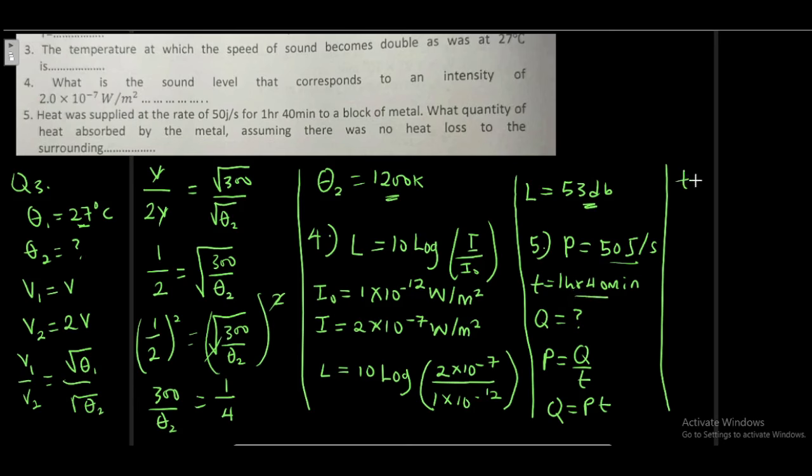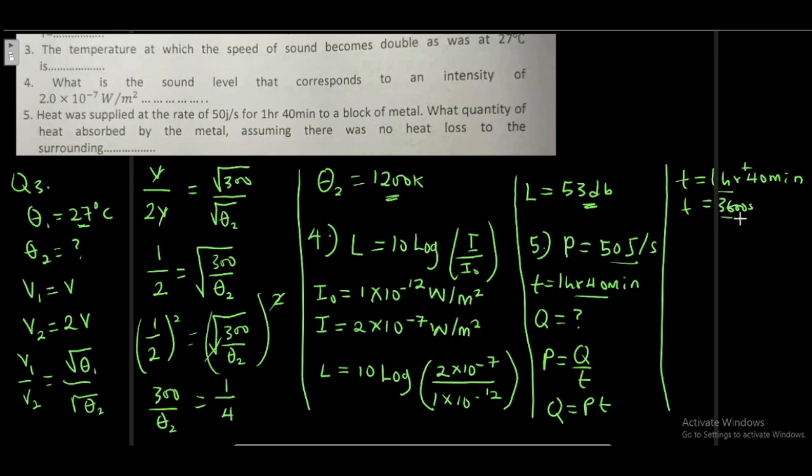We need to convert time to seconds, because we have power here in seconds. So we have time being 1 hour 40 minutes to seconds. 1 hour is equivalent to 3,600 seconds. It's a constant. And then 1 hour 40 minutes is like saying 1 hour plus 40 minutes.